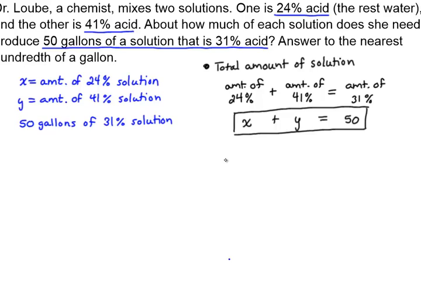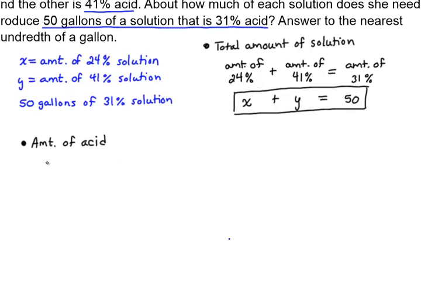Okay? The second equation, now we'll put the second one down here, deals with the amount of acid. Okay? So basically we're saying the acid in the 24% plus the acid in the 41% is going to equal the acid in the 31%.